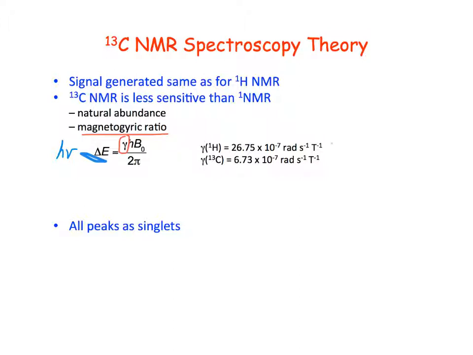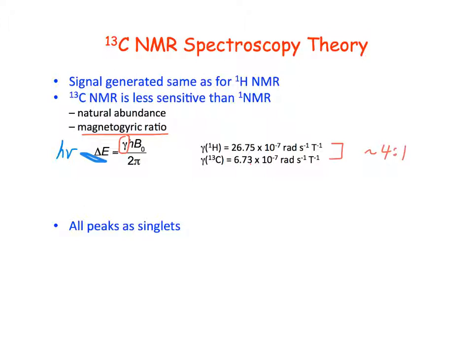And notice right here are two values of gamma, for protons and for C13. Notice that the proton value is roughly about 4 times bigger than the carbon gamma value. So this is about a 4-to-1 ratio.